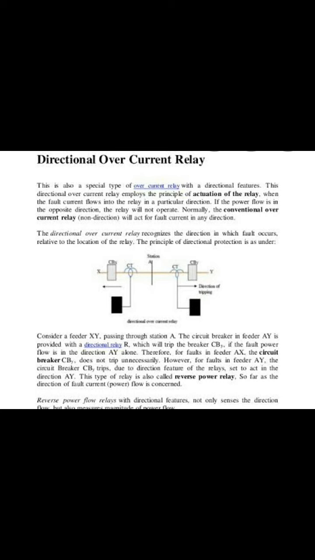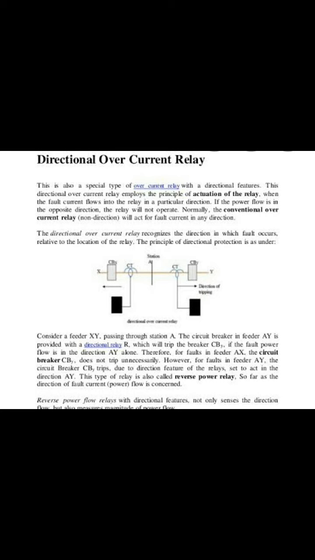As we can see in this diagram, the station is in the center, the left side is the x-axis and the right side is the y-axis. The direction of the relay is on the right axis.